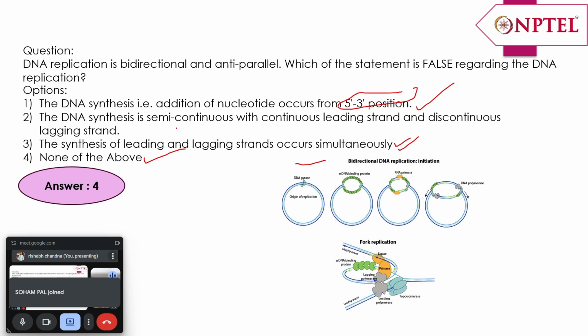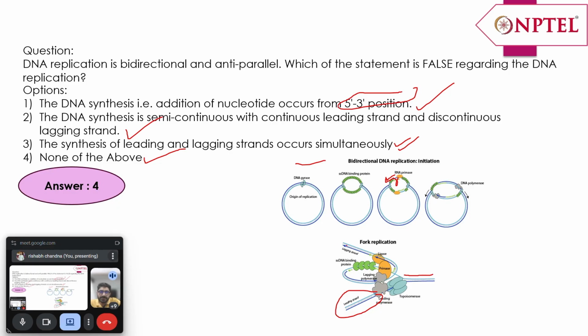DNA synthesis is semi-continuous with a continuous leading strand and a discontinuous lagging strand. Yes, this is also correct. In this particular case, this is the leading strand, a continuous stretch of replication, because here no breaks are formed.